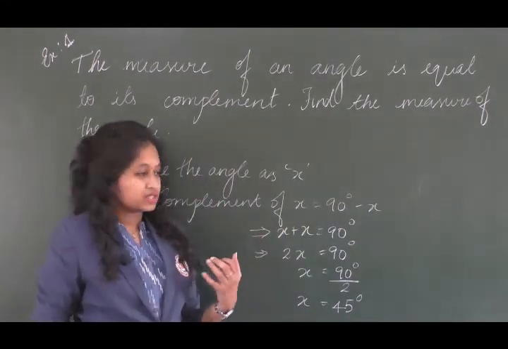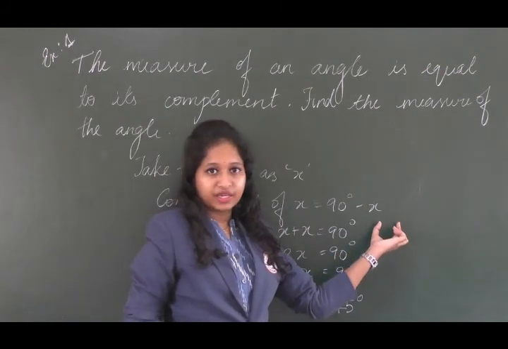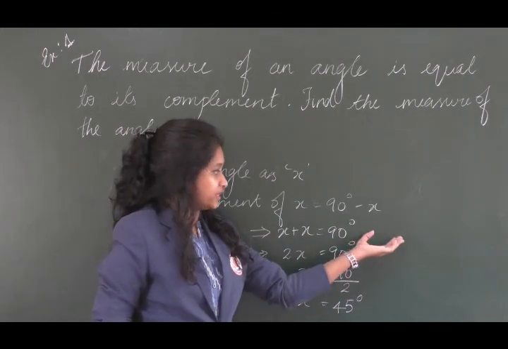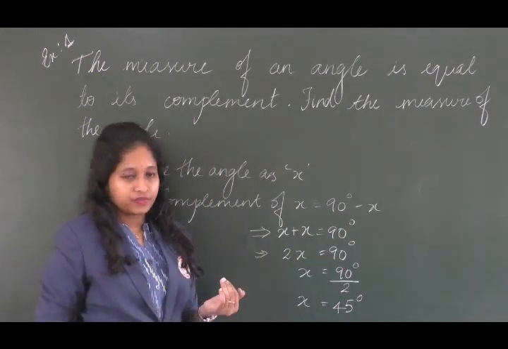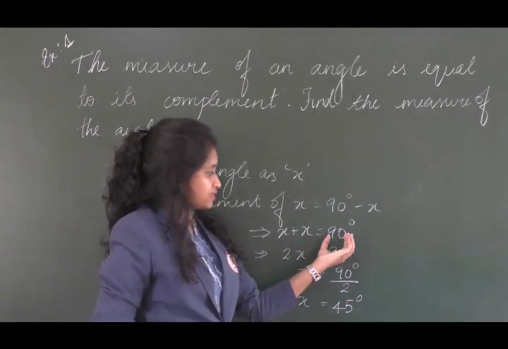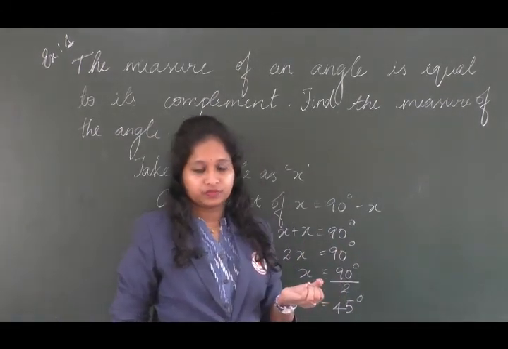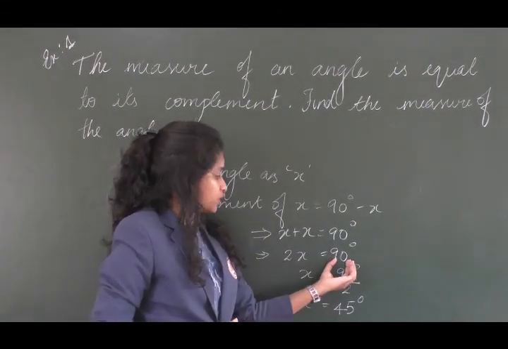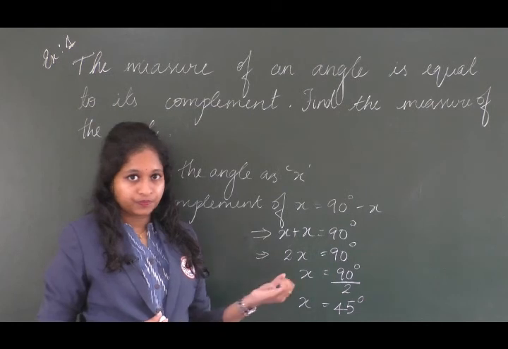Now to find X, bring this minus X to this side. From the right side we are taking it to the left side. So it will become plus X. X plus X is equal to 90 degree. What is X plus X? 2X. So 2X is equal to 90 degree.